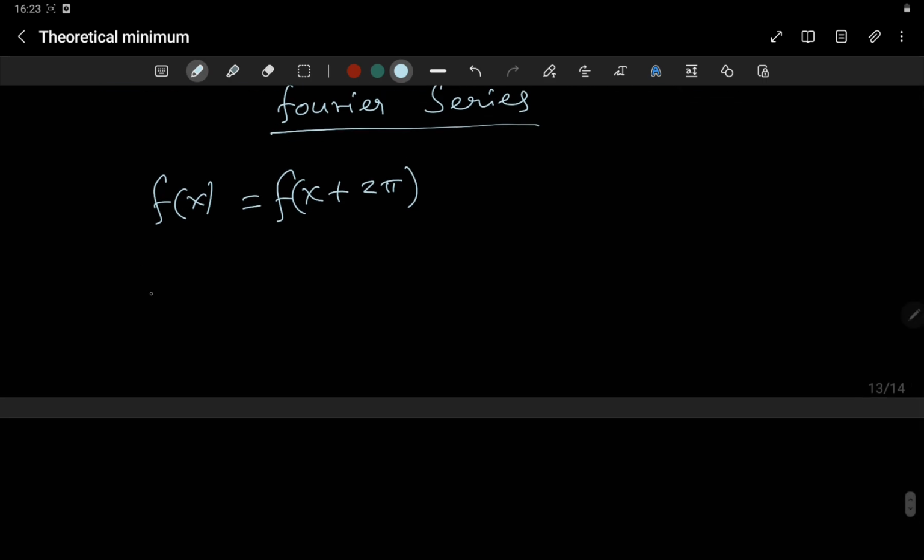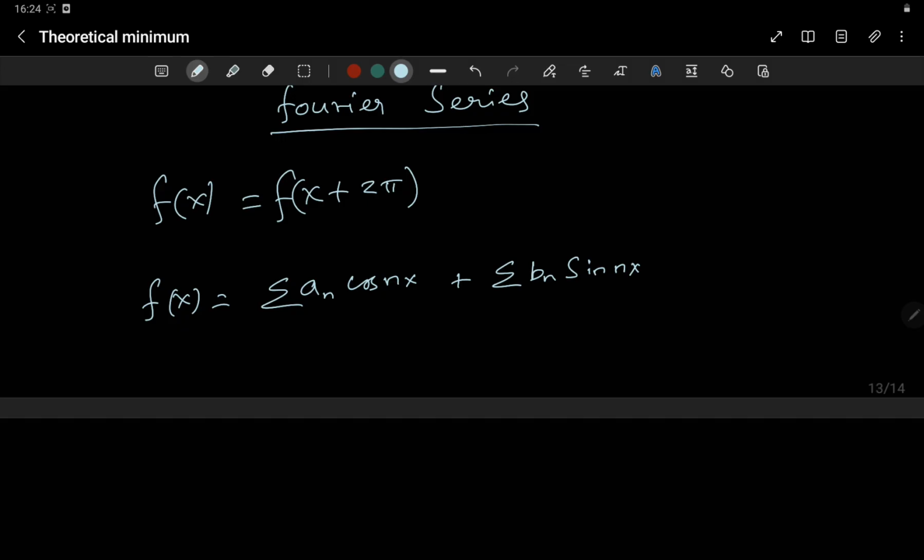Now the f of x can be written as a linear combination of, let's say, summation an cos nx plus summation bn sin nx.